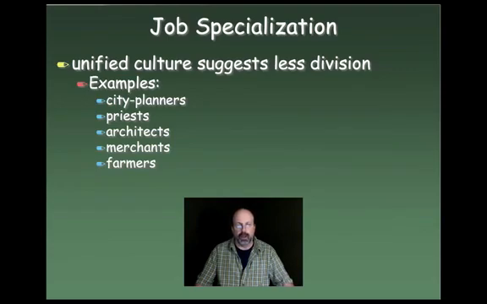Examples were that there were city planners, so people who had to actually plan and organize those cities that they built in a grid-like pattern. The priests, obviously, who conducted their religious practices, but also ruled as theocratic rulers of their cities. And also the architects who built many of the buildings that were found within the cities themselves. There was also a merchant class that engaged in long-distance trading and local trading, and of course farmers who grew all the food in the surrounding countryside.